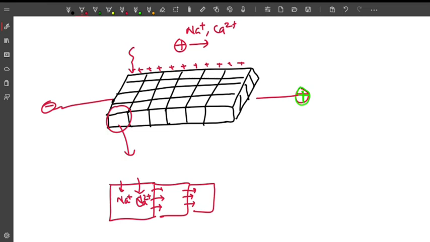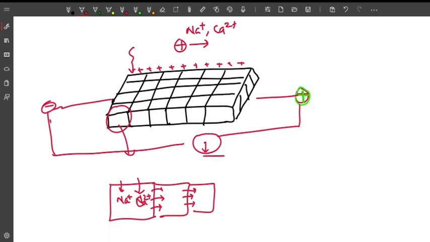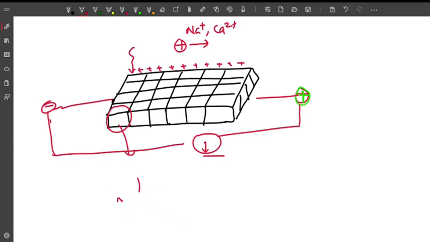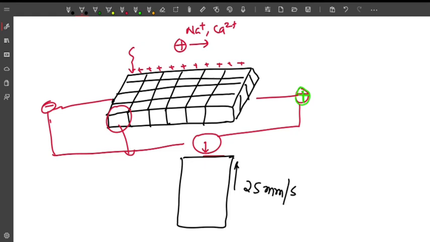Okay, so in the graph, if you connect this to a galvanometer, and the galvanometer is connected to a graph paper which is rolling, like scrolling at 25 mm per second. Okay, so if the positive charge is moved towards the positive pole, then this galvanometer pointer will deflect.